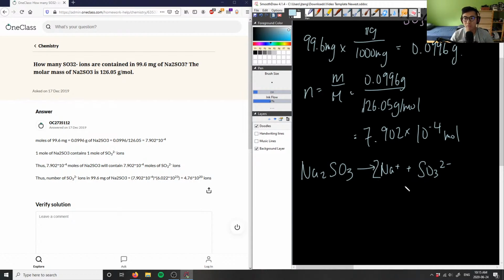So if you look at the mole ratio, 1 mole of sodium sulfite is equivalent to 1 mole of the sulfite ion, but 1 mole of sodium sulfite is equivalent to 2 moles of sodium here. And again, we're not solving for sodium, we're solving for sulfite here. So this is a 1-to-1 ratio. If you look at the coefficients, this is a 1-to-1 for Na2SO3 and SO3 2-.